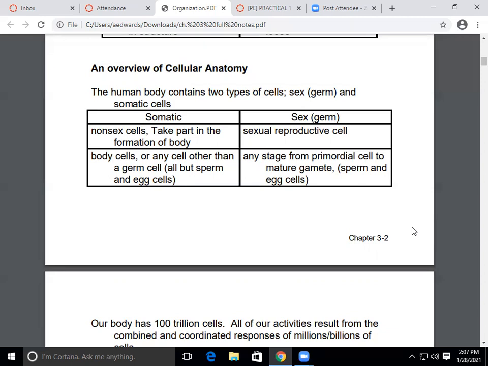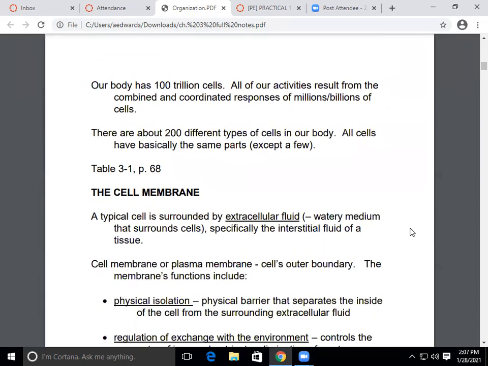But again, somatic cells are your body cells, sex cells, or germ cells are your sex cells, okay? So which are your normal body cells? And which are your sex cells? Okay, other word for sex cells is germ cells, okay?